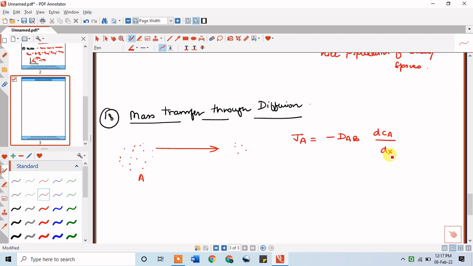So over here the mass transfer that is happening is because of the concentration gradient that is applicable over it.